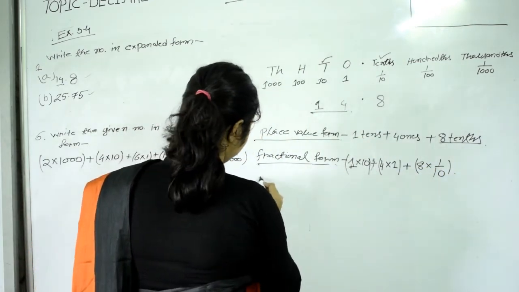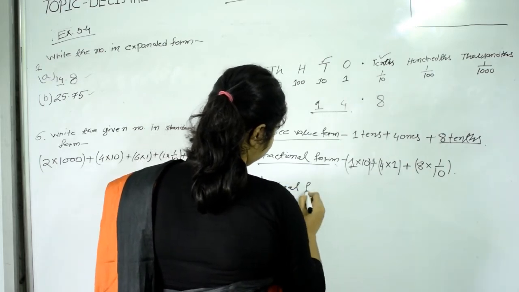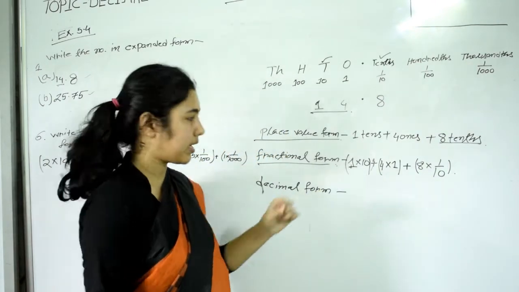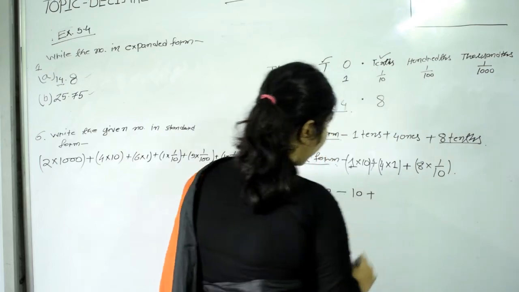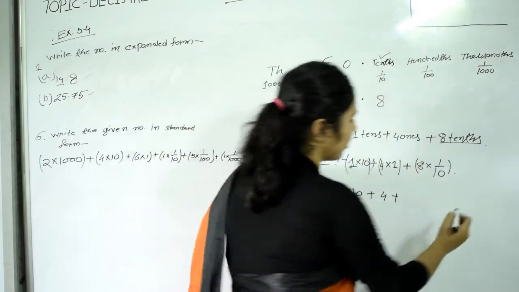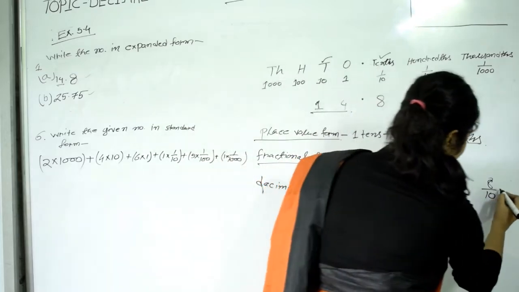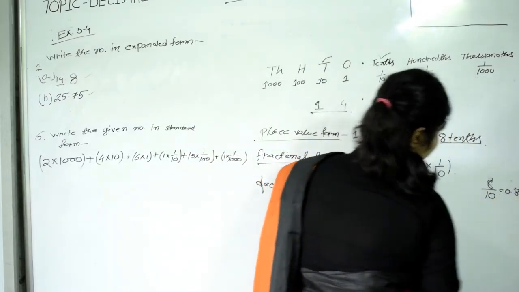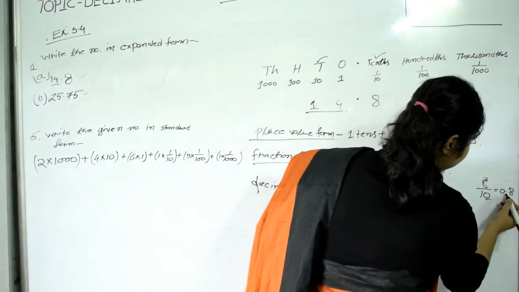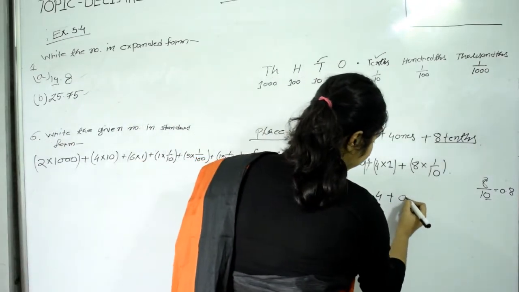And next, decimal form. So 1 tens, 10, plus 4 ones, 4, plus, now 8 into 1 by 10, which means 8 by 10, and we know that we can write 8 by 10 as 0.8. Here in the denominator we have only one 0, that's why we are taking this decimal point at 1 decimal place. So write here 0.8.